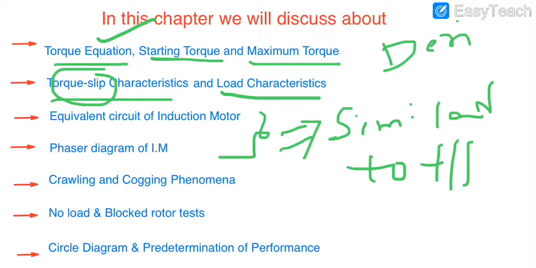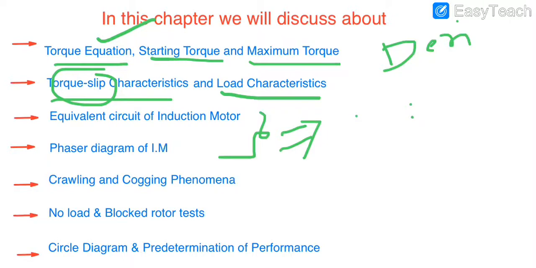Now we have to go for crawling and cogging phenomena. We have already discussed the harmonics concept in three-phase transformers. Here also the induction motor is unable to run without noise. Sometimes it runs with jerking and excess noise because of harmonics.